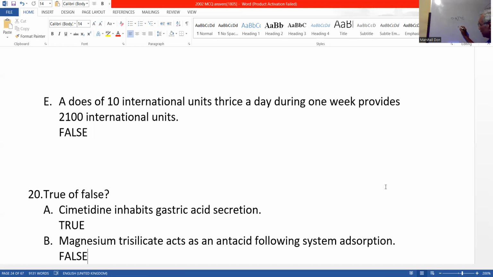So 10 IU into 3 per day into 7 days is equal to 210 international units. So not 2100 international units. It is only 210 IU.